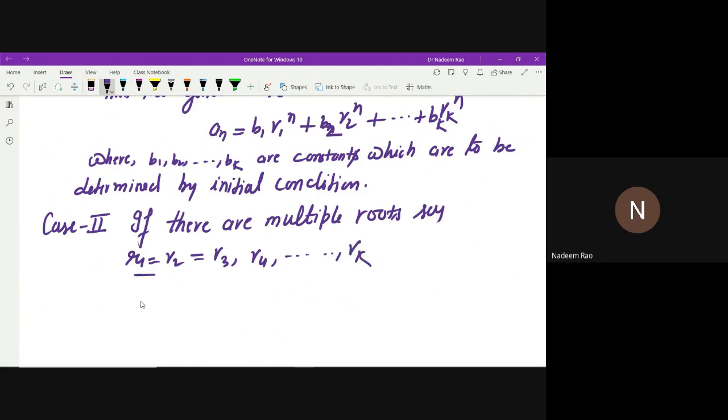For example, these three roots are equal, repeated roots are there.